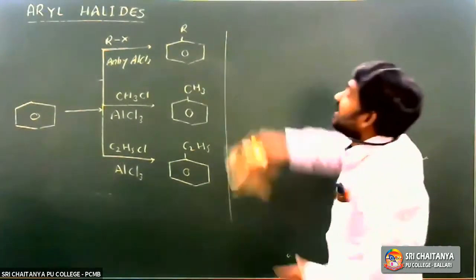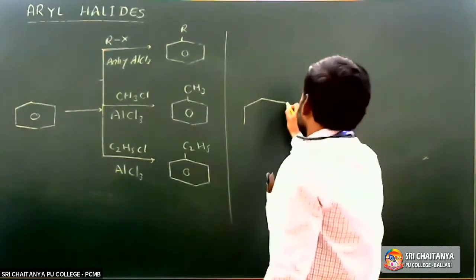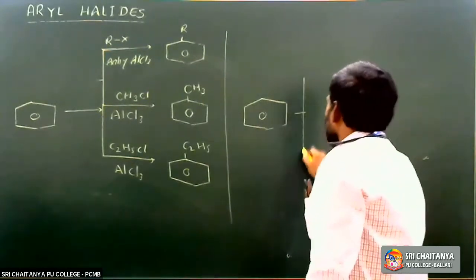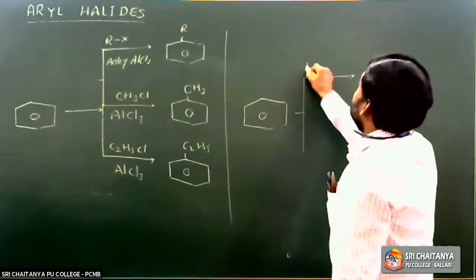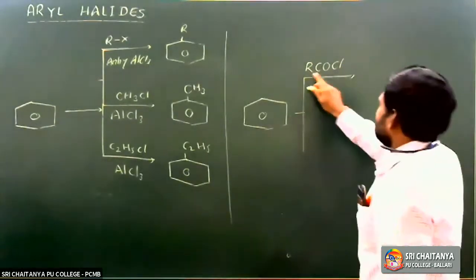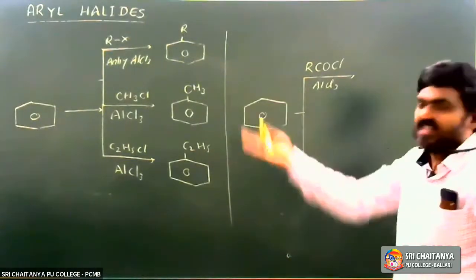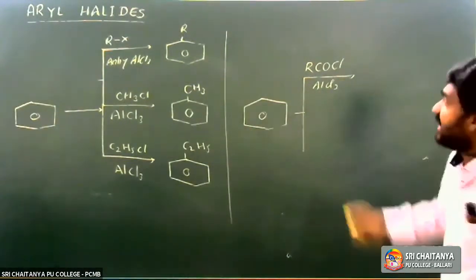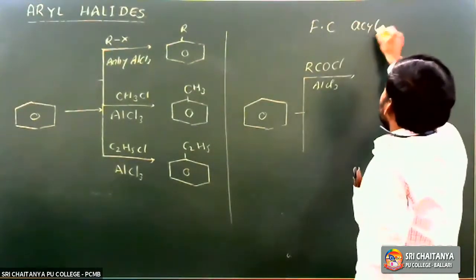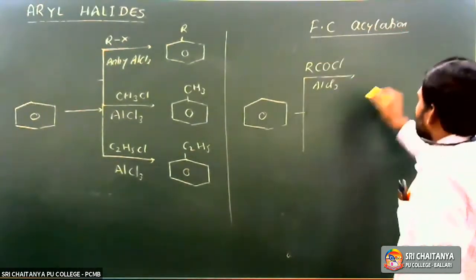Next, what is the Friedel-Crafts acylation reaction? Benzene is treated with acid chloride, COCl, in the presence of AlCl3 or FeCl3, which are Friedel-Crafts reagents. It is called the Friedel-Crafts acylation reaction.